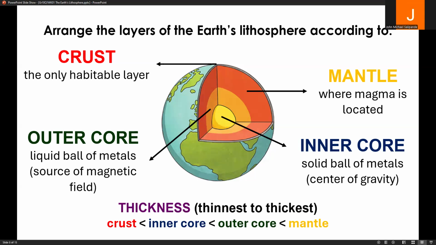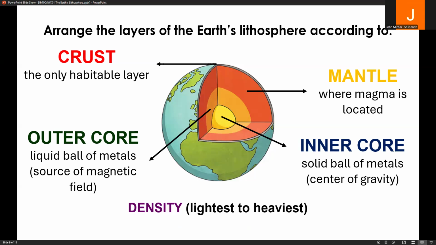Now, when it comes to the third parameter, which is density, we arrange them from lightest to heaviest. So remember, lighter objects tend to float, and when they float, they remain on top, while heavy objects tend to sink, and when they sink, they go at the bottom. So because crust is the topmost layer, that means it is the lightest.